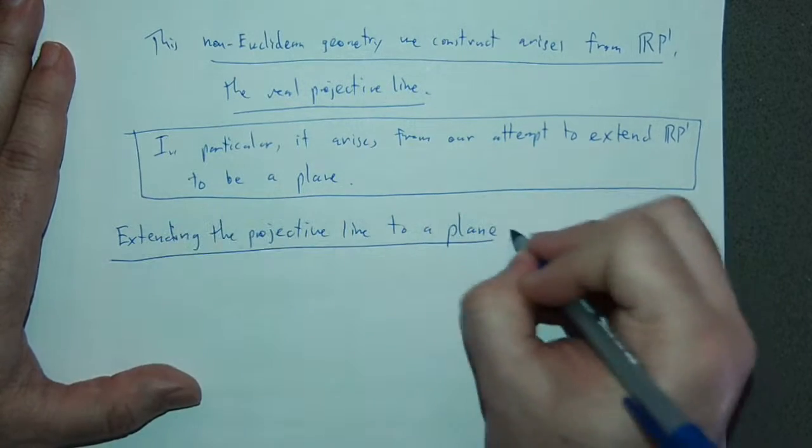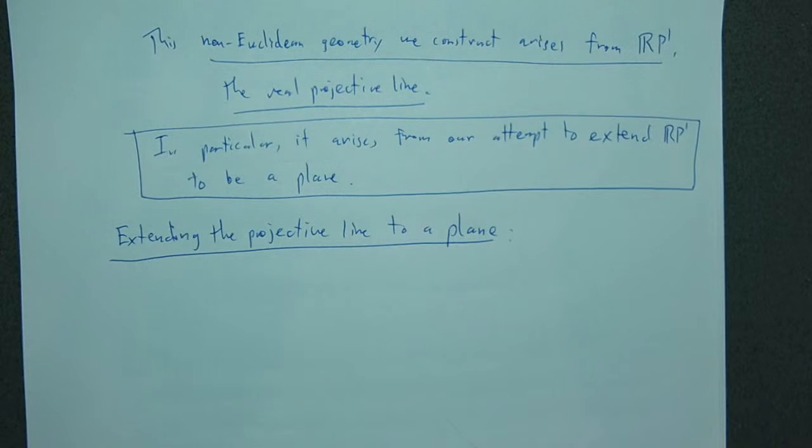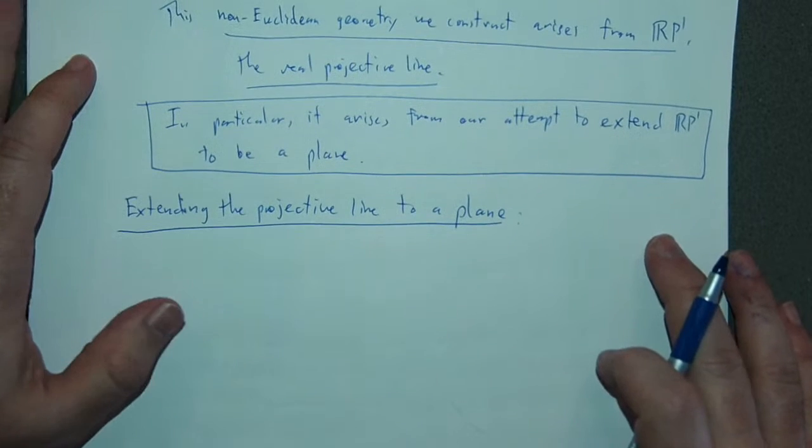And I'm going to give an overview of this today and on Friday before getting into the specifics of where these things come from and why the pictures look the way they do. Okay. So, extending the projective line to a plane. How does this work?